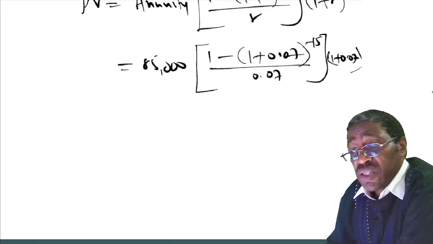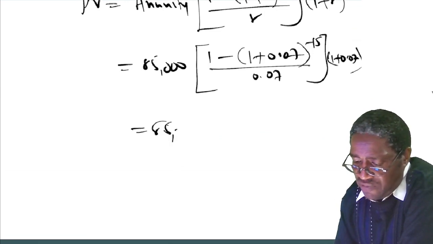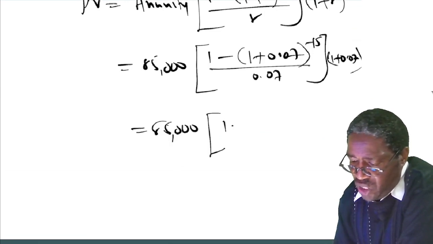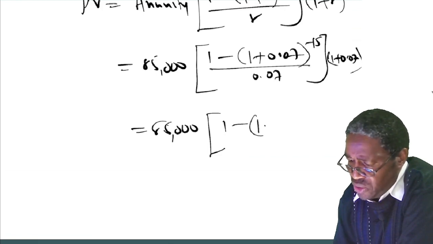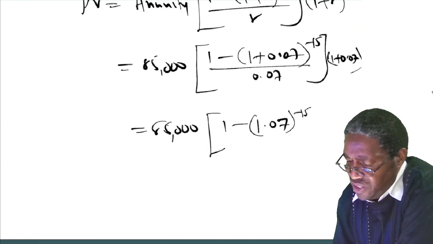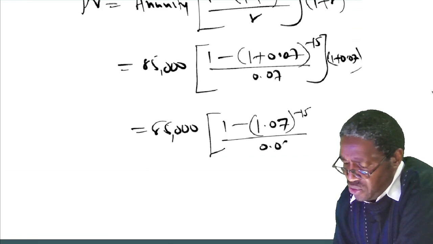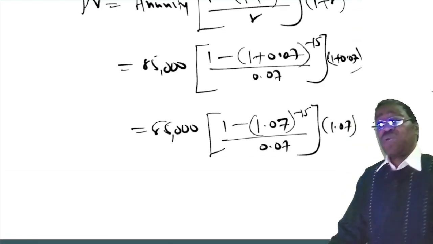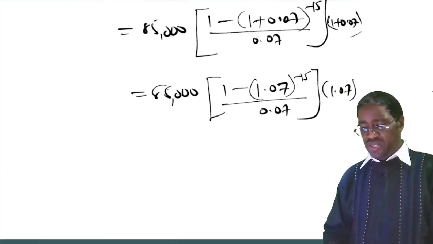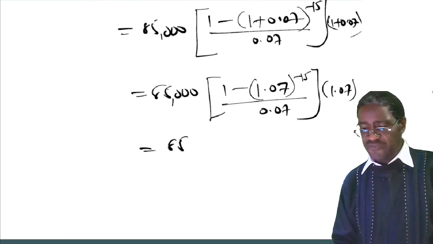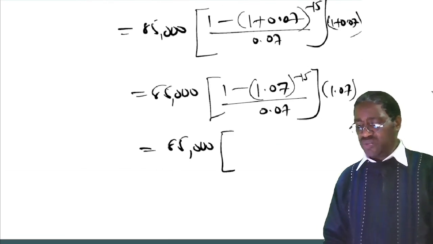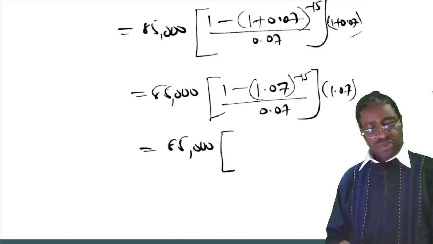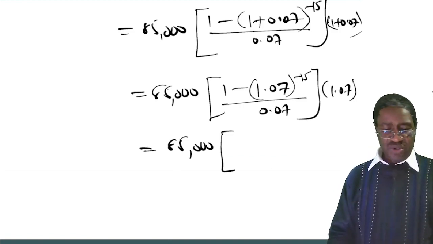Okay? This will become 85,000 into 1 minus 1.07 to the power of negative 15, divide that by 0.07, then everything you multiply by 1.07. Let me get what is in the bracket first.